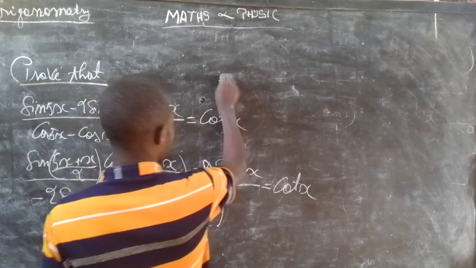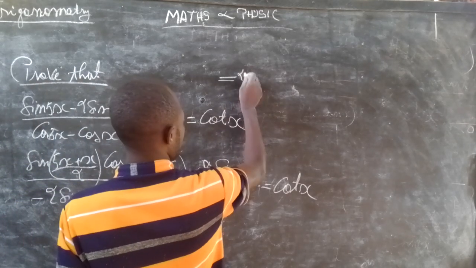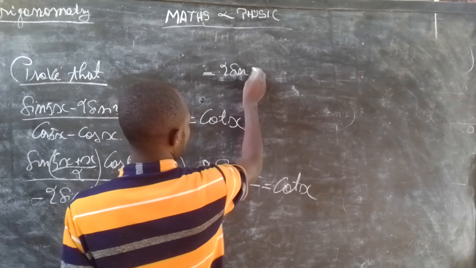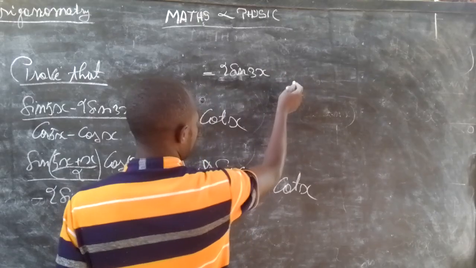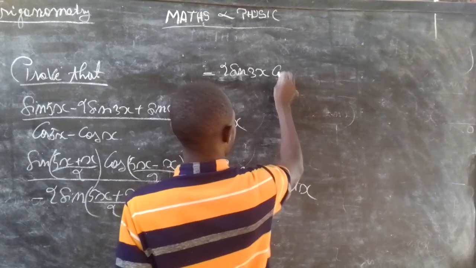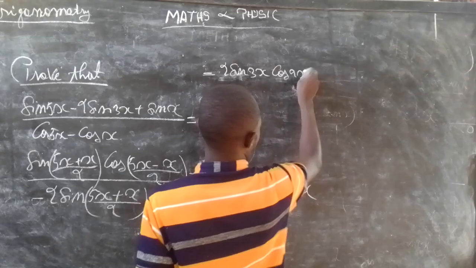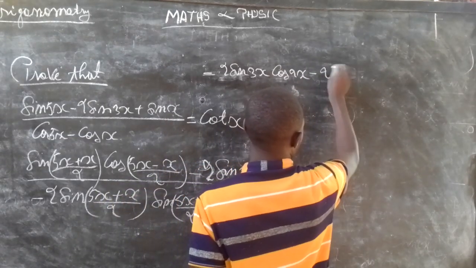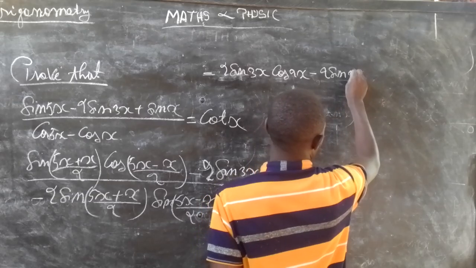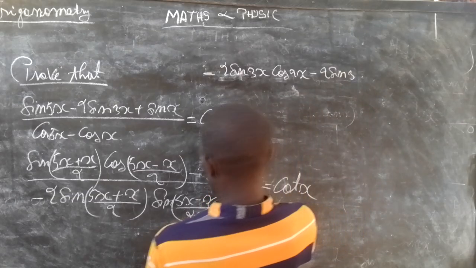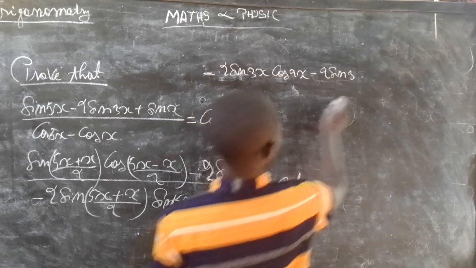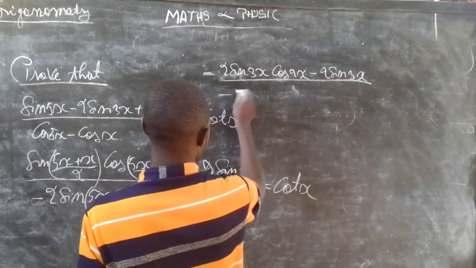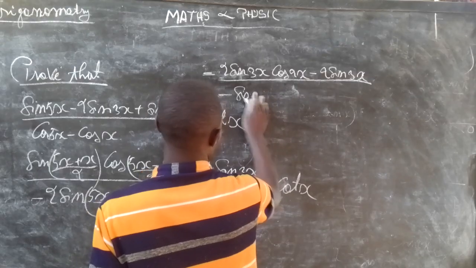So we keep moving on. We will have 2 sine 3x cosine 2x, minus 2 sine 3x, over negative 2 sine 3x sine 2x.